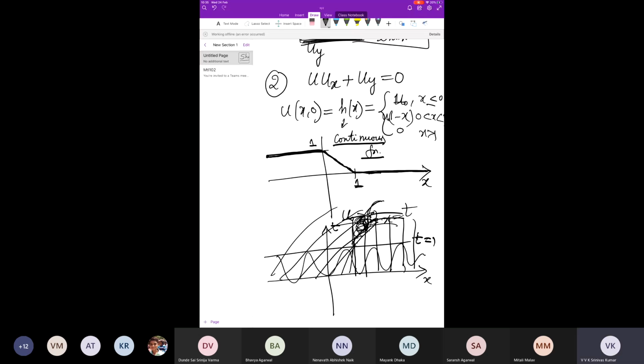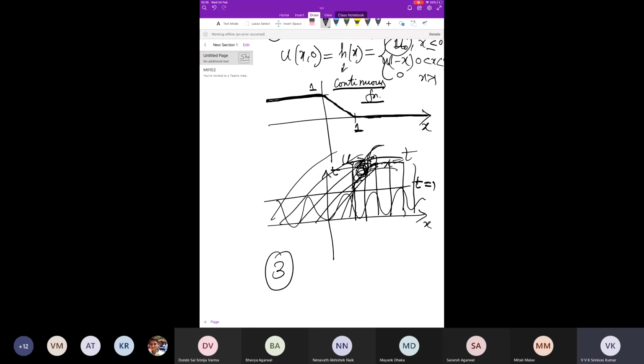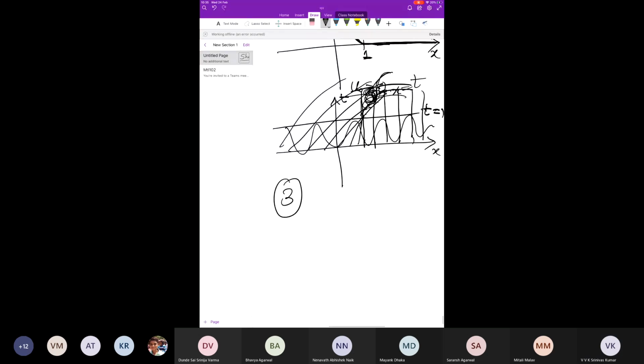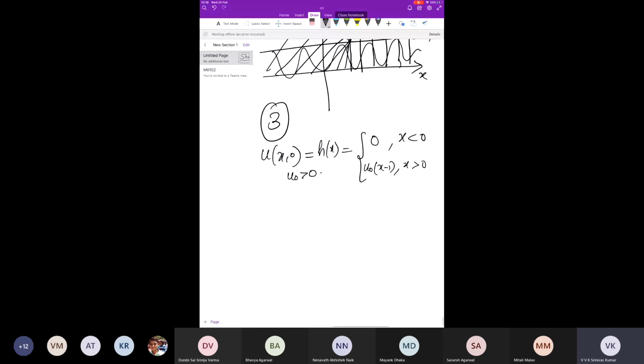Now come to the problem with initial condition. The initial ux comma 0 is equal to hx, which is 0 when x is negative, and when x is positive it is u naught into x minus 1, where u naught is positive. So how to draw this? When x is negative, it is 0.